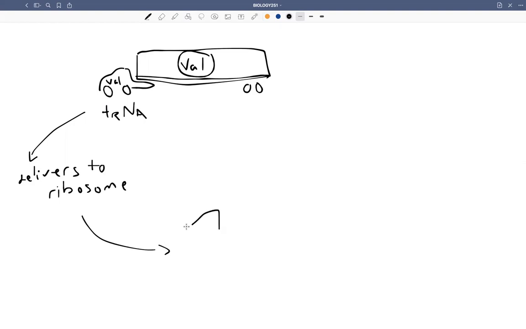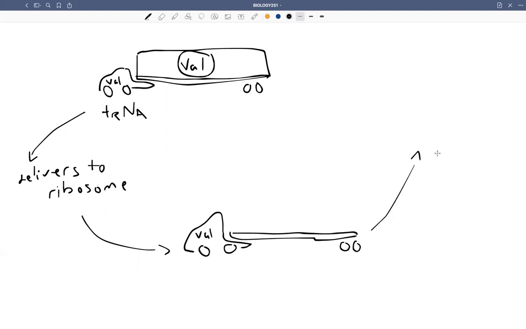Then it's kind of an empty truck, but it still ships for the valine company. So now we just draw an empty flatbed here. I don't have any personal experience in shipping, so do what I can here. So the tRNA is still intact, the truck is still intact, and it's ready to be loaded up with new cargo.